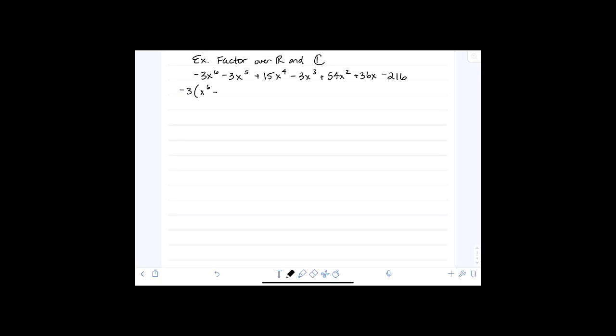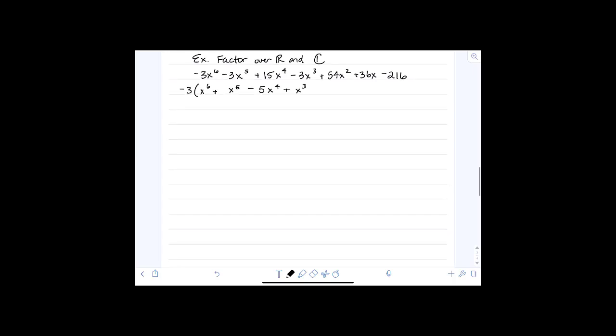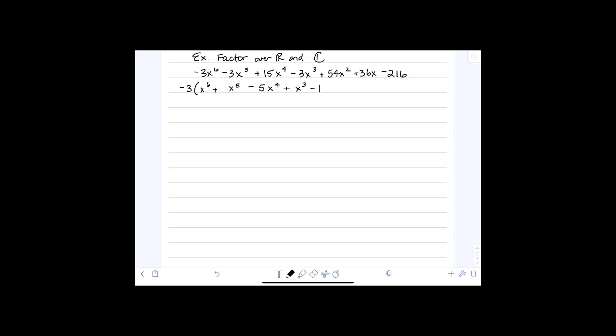So it'll be x to the 6th plus x to the 5th minus 5x to the 4th plus x cubed, then 54 would be 3 and 18, and then 12, and then 72.